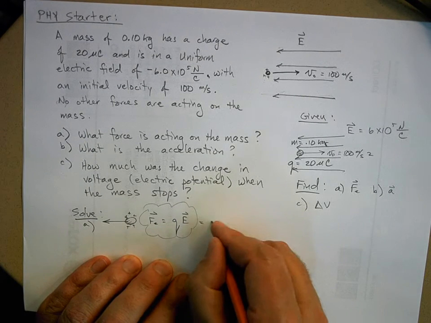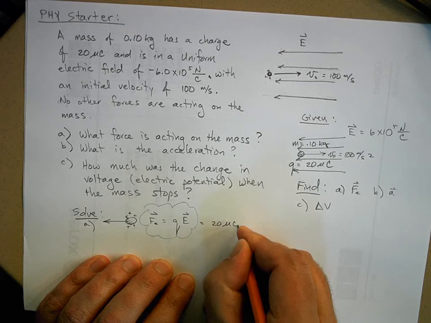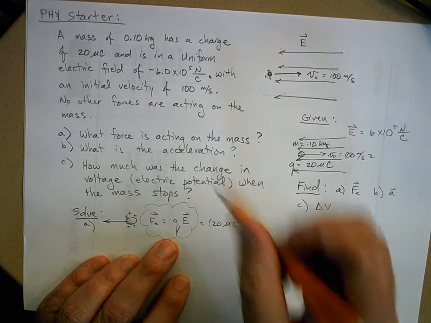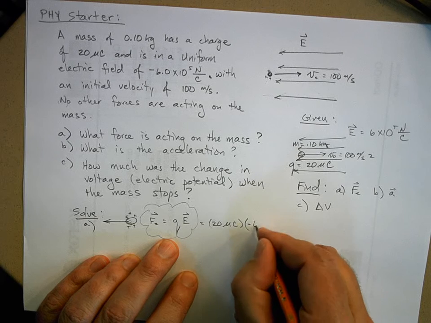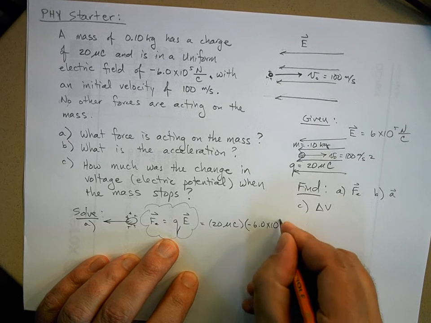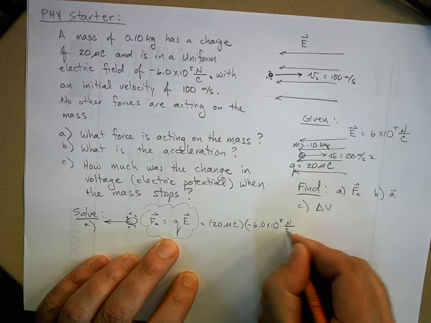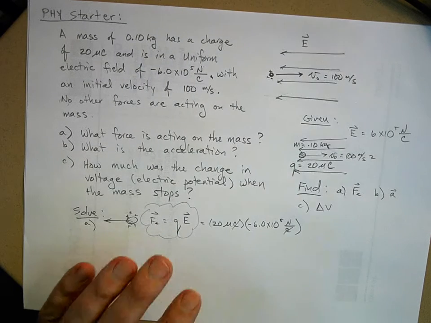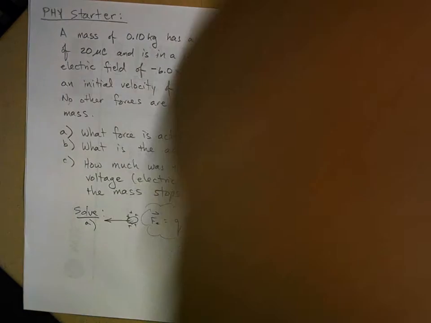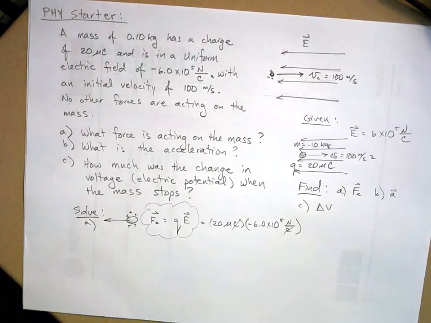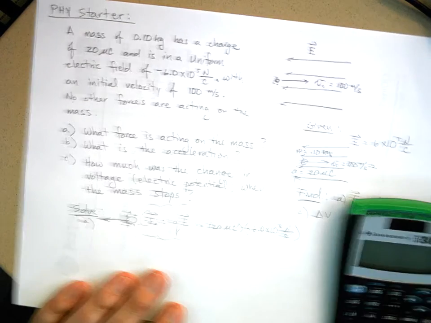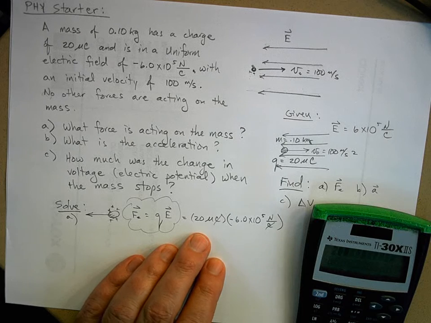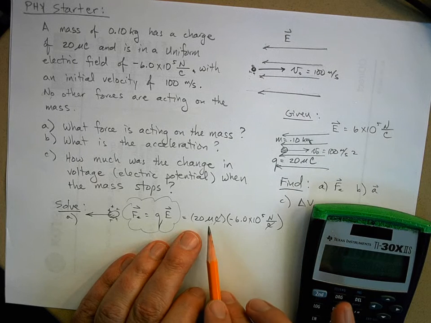So this is going to be 20 microcoulombs, and this is negative 6.0 times 10 to the 5 newtons of force per coulomb of charge. Notice that the coulombs cancel. Then I get my calculator out. All right. And so I'm just going to go 20, and then you got to remember, what's the micro stand for?